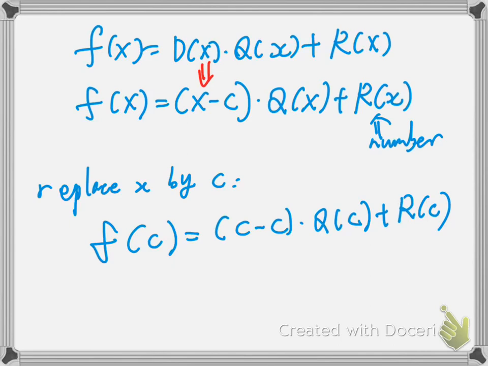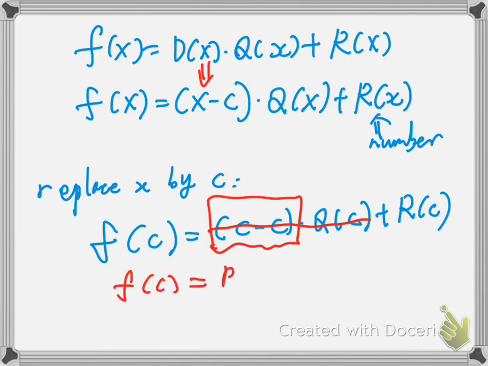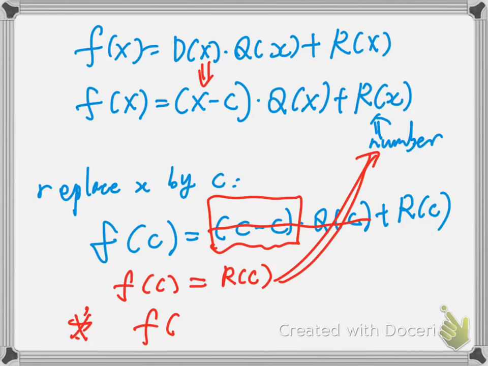Now c minus c is 0, so this whole thing disappears. Then f(c) is equal to r(c). What's r(c)? It is the remainder. So a very important property: f(c) is the remainder.